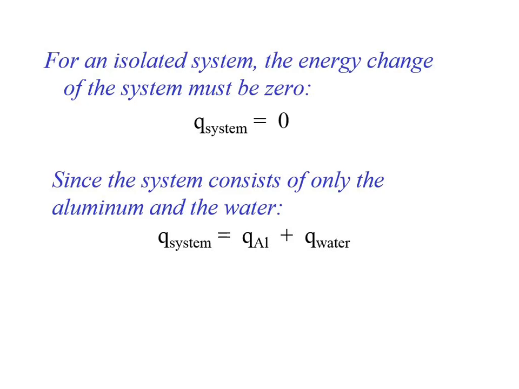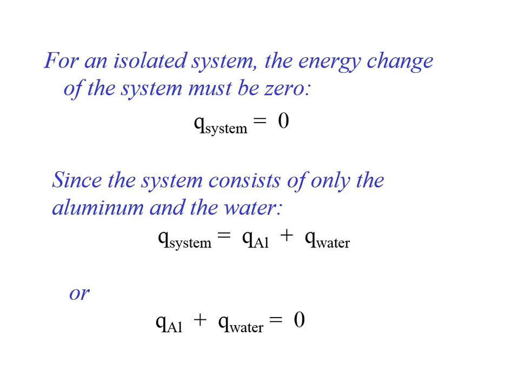So we know we can actually, I don't remember which property of math it is, but we can now say that the change in thermal energy, since the Q of the system is 0, and the Q of the system is the Q of aluminum plus the Q of water. Right, thank you, substitution. Therefore, the change in thermal energy of aluminum plus the change in thermal energy of the water is equal to 0.